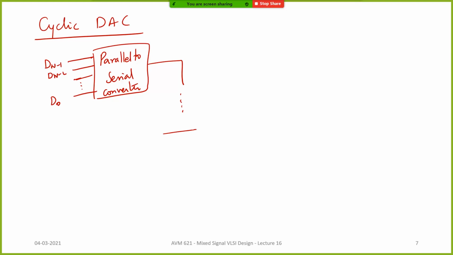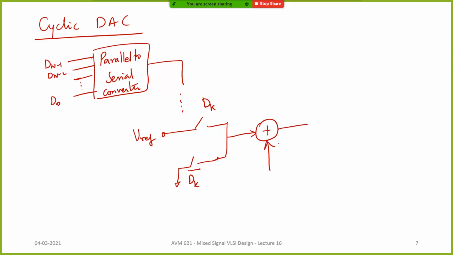Now, as the name suggests, you're going to go around in cycles. If dk is 1, it connects to Vref, and if dk is 0, we connect to 0, ground. Now this value is added to an existing value.